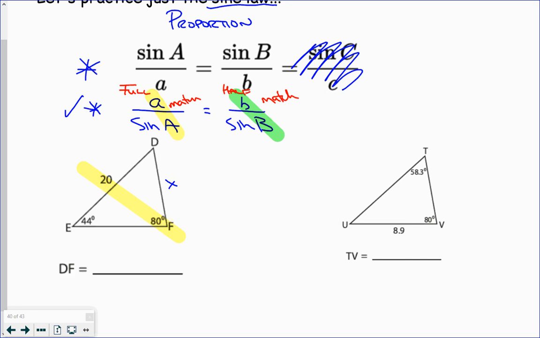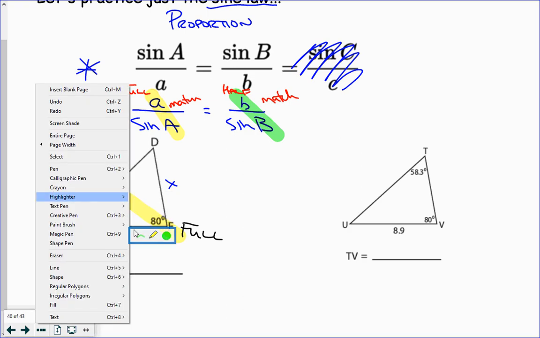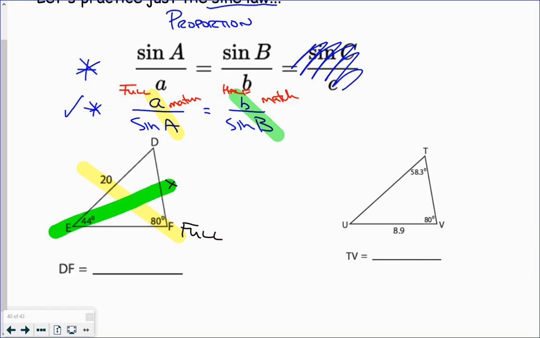That is your full pair. It's your complete set. What's your half pair? 44 and X, right? That's your half pair. So do you see that?